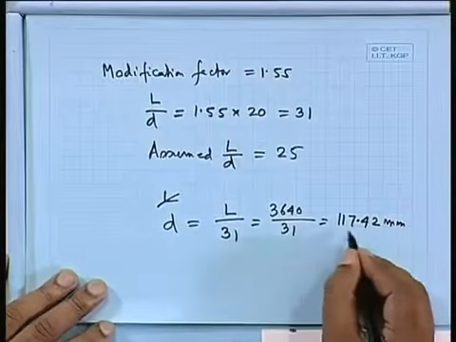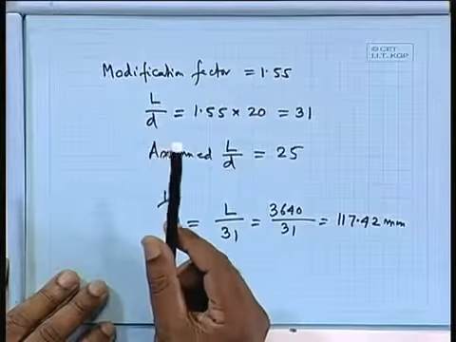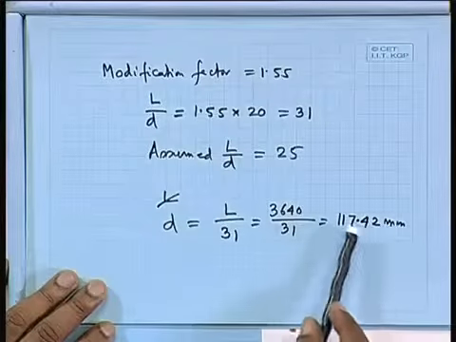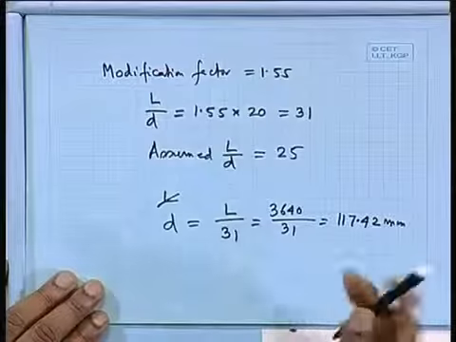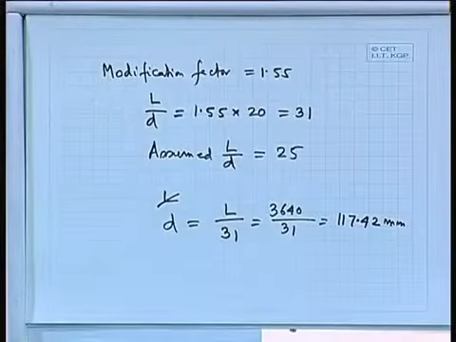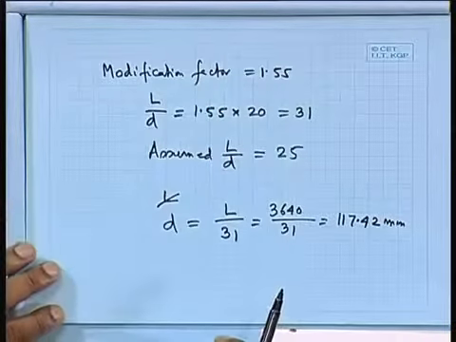We have also seen that D is coming 90. So we can take 120 as the effective depth. But let us complete the problem here. The solution is safe but not economic.